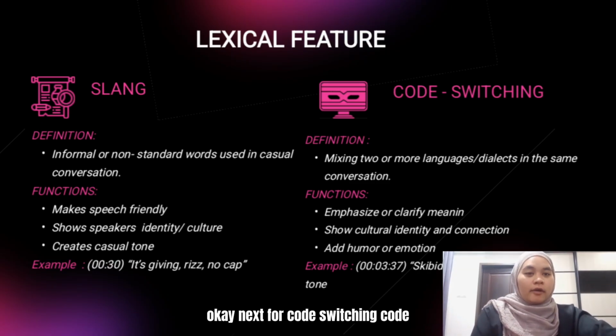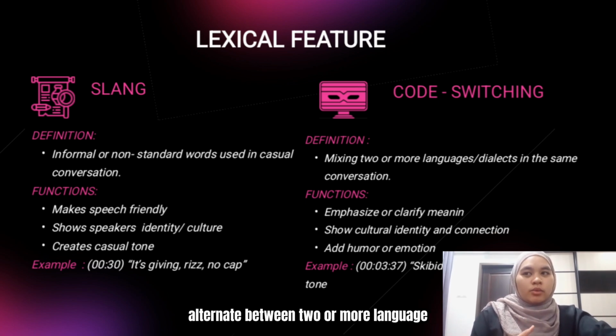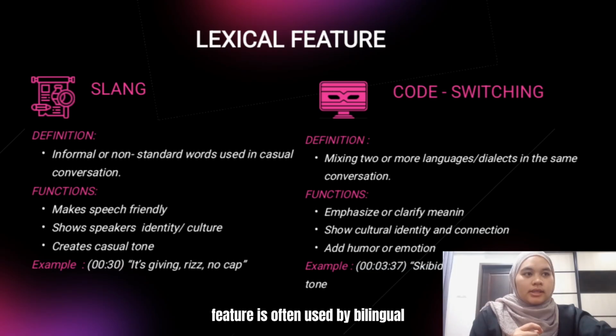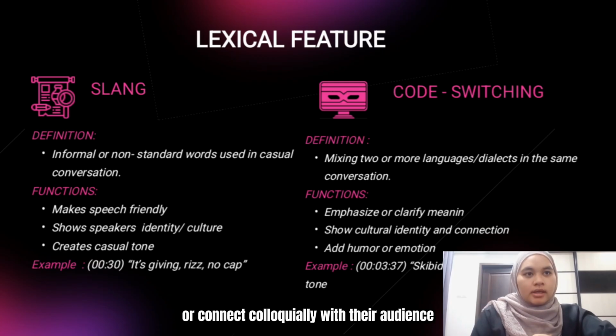Okay, next is code switching. Code switching happens when a speaker alternates between two or more languages or dialects within the same conversation. This feature is often used by bilingual or multilingual speakers to emphasize a point, clarify meaning, or connect culturally with their audience.